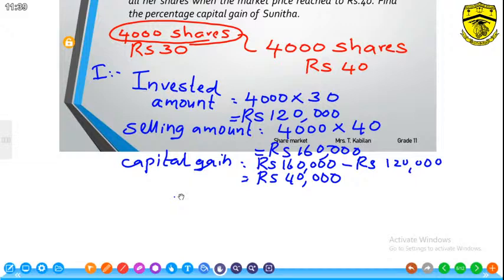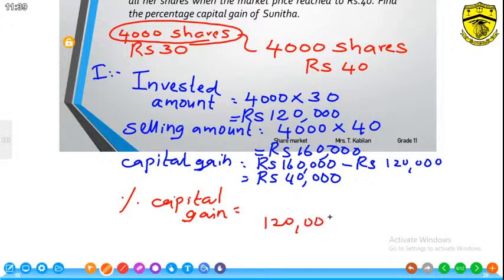Now we can find the percentage of capital gain. How do we find it? The invested amount is 120,000 and the capital gain is 40,000.